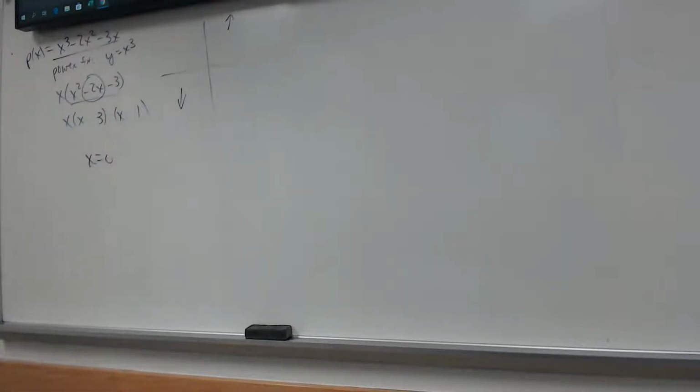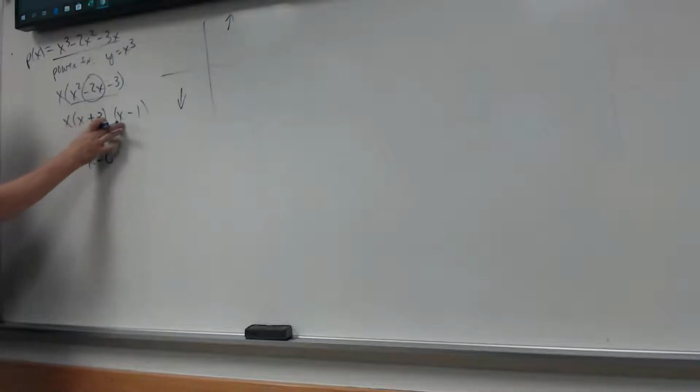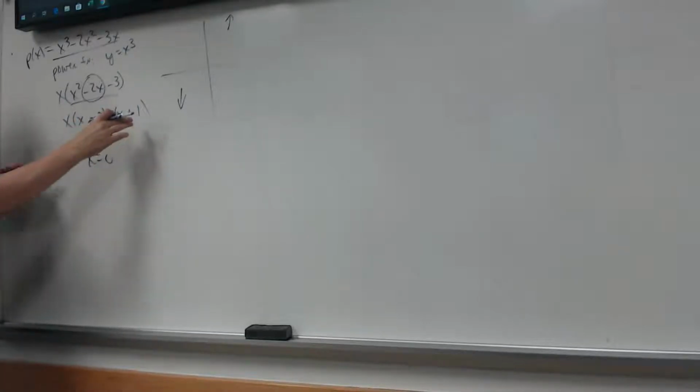So how do we choose? Is it positive and negative? Let's see. So that gives us a positive 3 minus 1 is a positive 2. So that's not right, is it? So what's the next guess? Negative and positive.